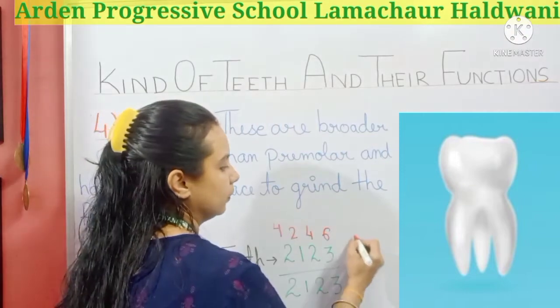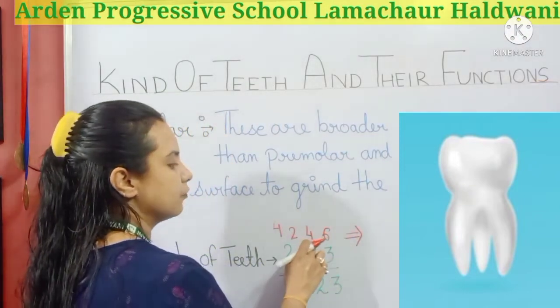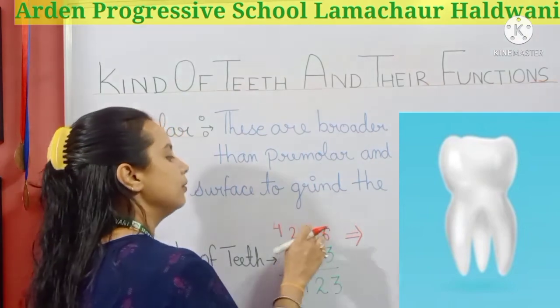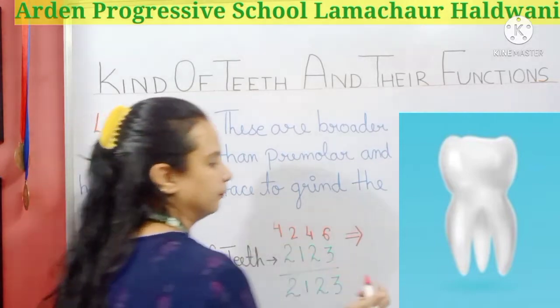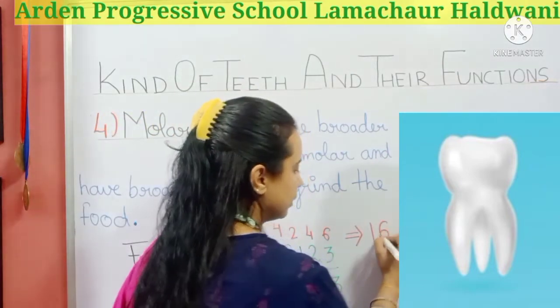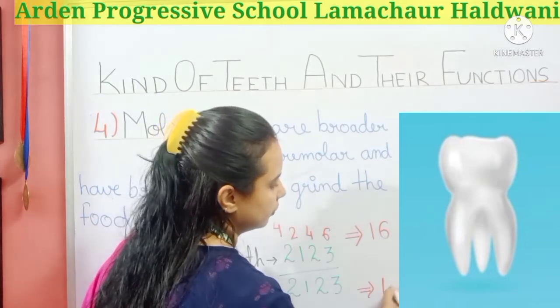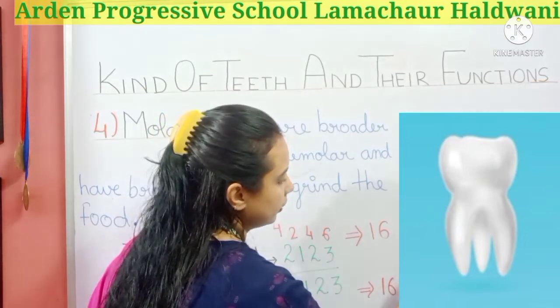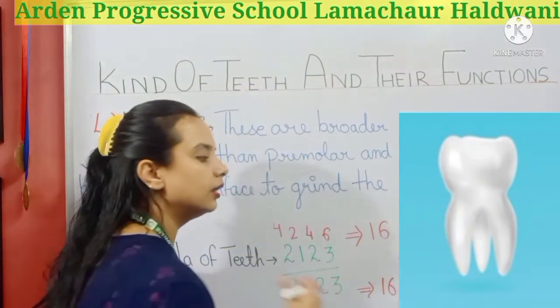So when we calculate it, it is 16. 6 plus 4 is 10, 10 plus 2 is 12, and 12 plus 4 is 16. 16 is here and 16 is also here. So how many teeth does an adult person have?